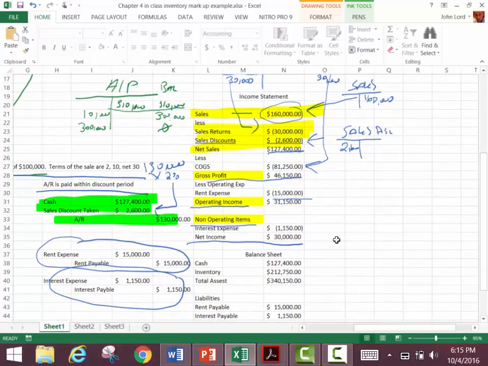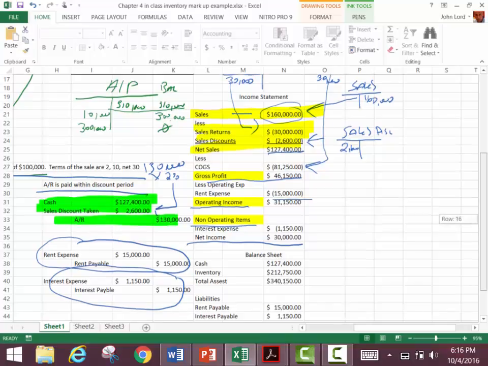For example, interest expense, or if it was interest revenue, we'd add it. Interest expense and interest revenue are considered non-operating unless we're a bank. If we're a bank, then incurring interest revenue and interest expense is part of our day-to-day operations, isn't it? But here, this is going to be non-operating. I'm assuming this company's a retail business, and we have our net income.